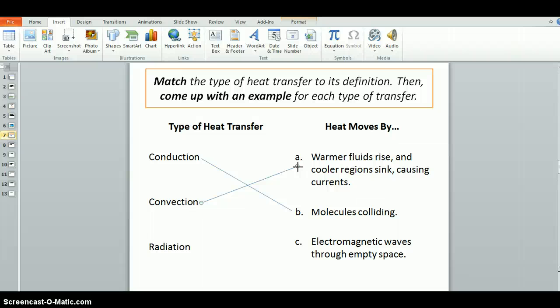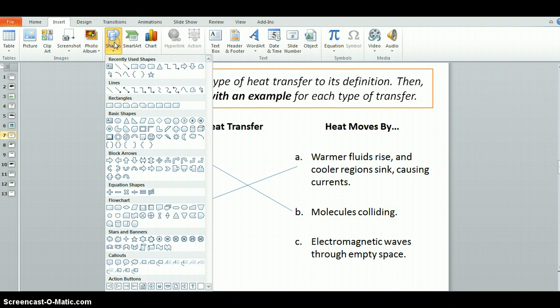So the warm water begins to rise to the top of the pan and the cooler regions will sink. Once those cooler regions sink and they're closer to the burner, they'll start to heat up and then rise, and this is causing a circular motion to happen, which we're going to call currents, and that is how heat is transferred through convection.